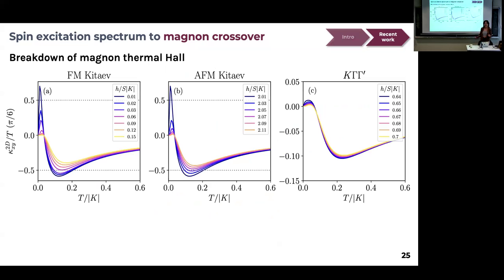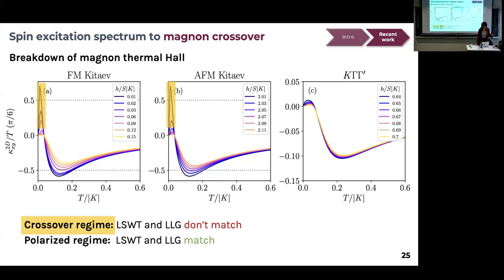Okay, so now that we've looked at the dynamical spin structure factor in these, and we've identified these three different regimes, the spin excitation regime, the crossover regime, and the polarized regime, we can comment on the breakdown and validity of the magnon thermal Hall effect when computed using non-interacting magnons. In the crossover regime, where the linear spin wave theory and the LLG dynamics don't match, we see a very sharp spike in the magnon thermal Hall conductivity, which may be unphysical.